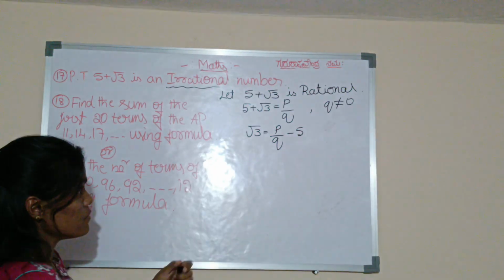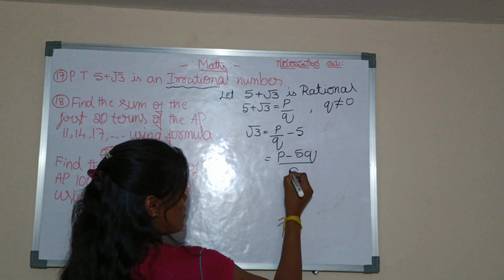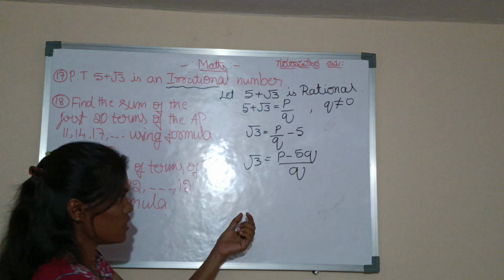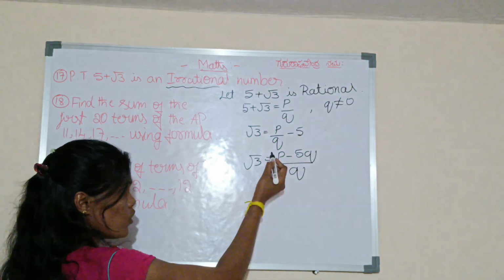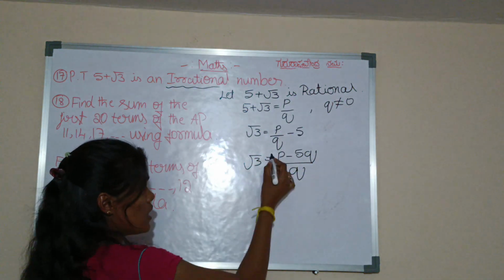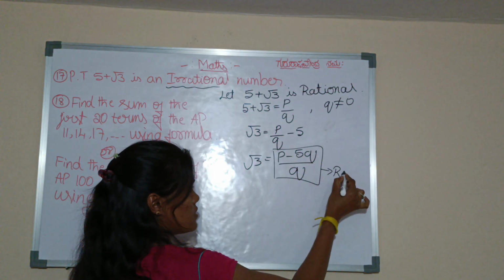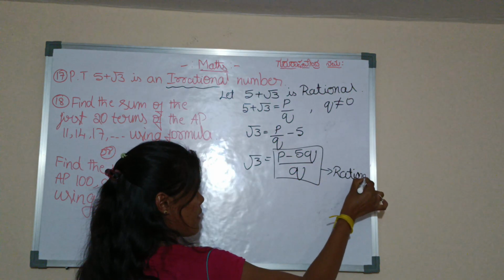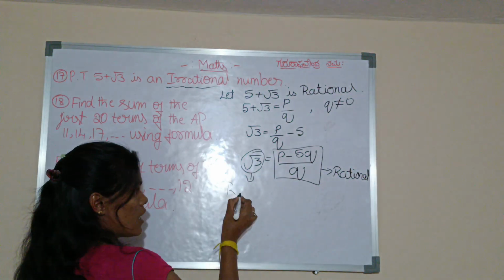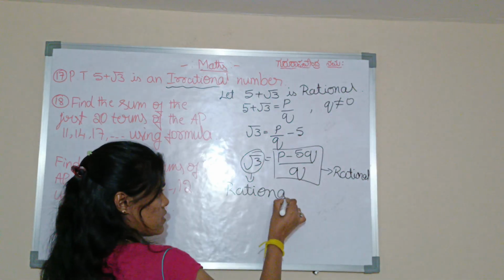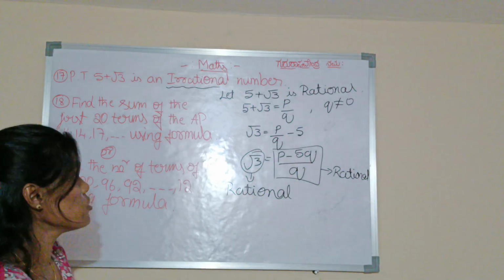Then take the LCM: root 3 is equal to P minus 5Q divided by Q. If you assume that 5 plus root 3 is rational, then P minus 5Q divided by Q also becomes rational. That means root 3 becomes rational. But root 3 is an irrational number, we already know. This is a contradiction to our assumption.